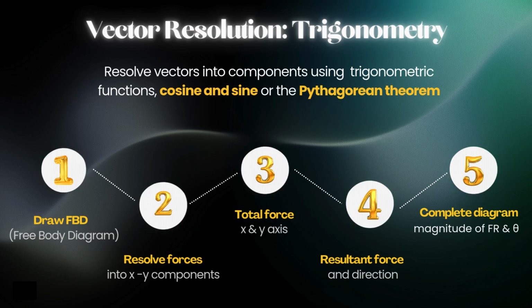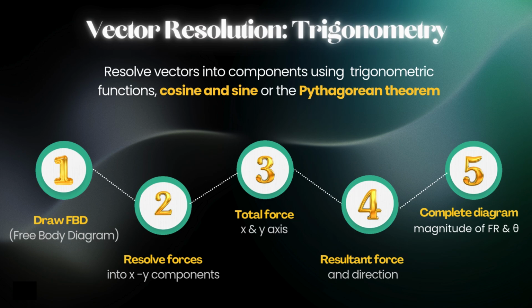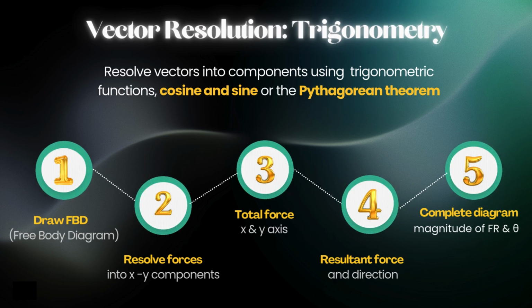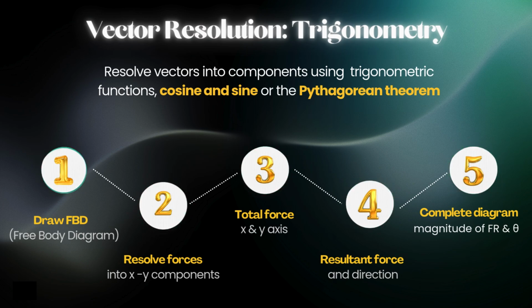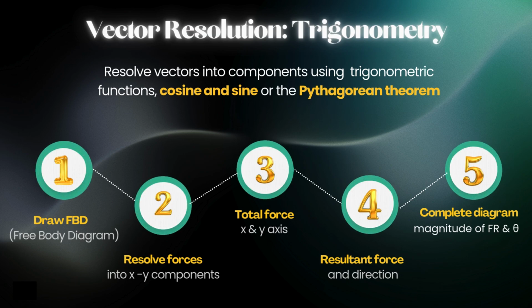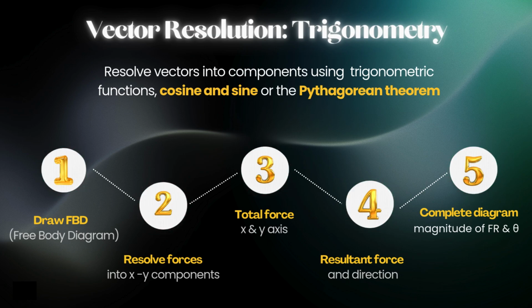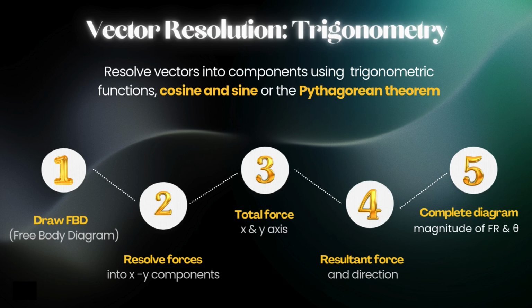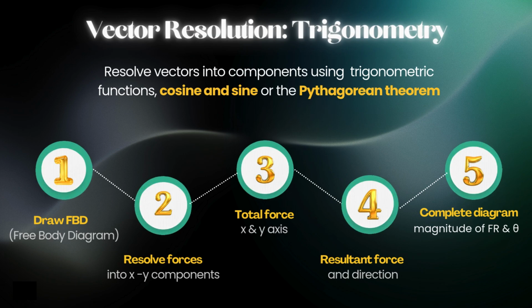The second one, resolve forces into x and y components. The third one, total force along x and y axis. Fourth, calculate resultant force and its direction. And the last one, draw the complete diagram that consists of the magnitude of the resultant force and the angle of the direction.